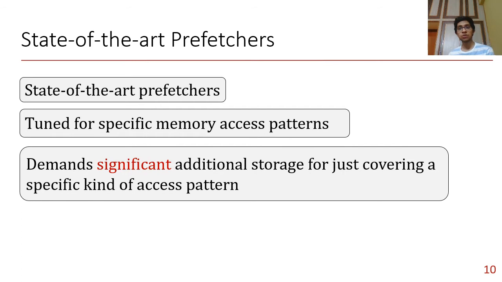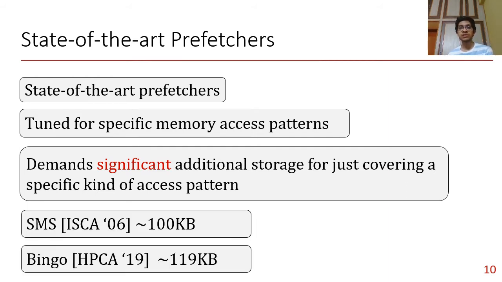They demand a lot of space to cover a specific access pattern. Thus, when an additional pattern needs to be covered, the prefetcher size increases drastically. This in turn increases the lookup latency and makes it unsuitable for the implementation at L1. For example, prefetchers like SMS and Bingo consume around 100 KB of storage space.